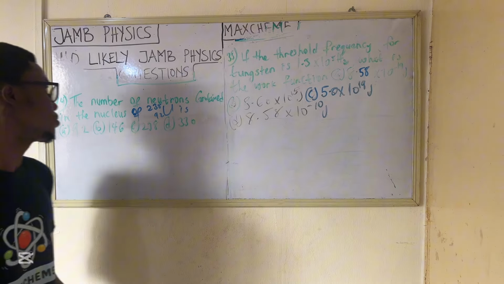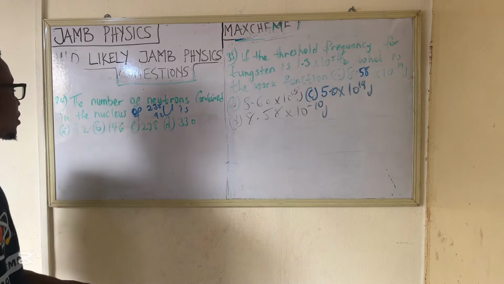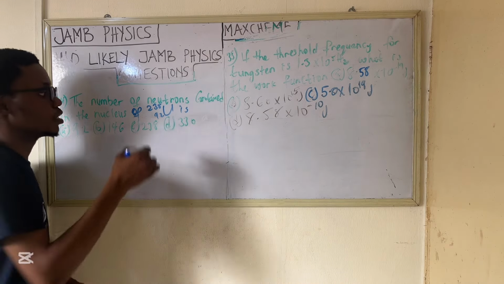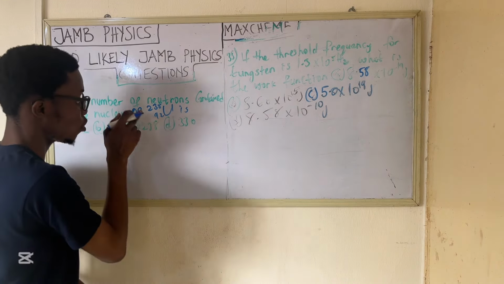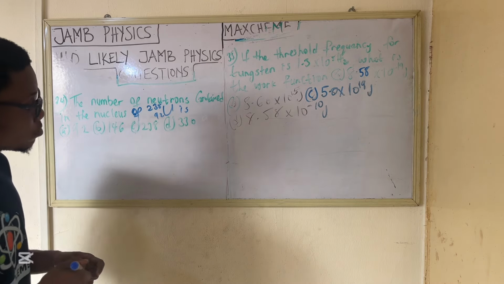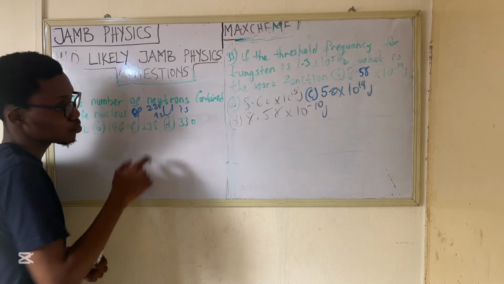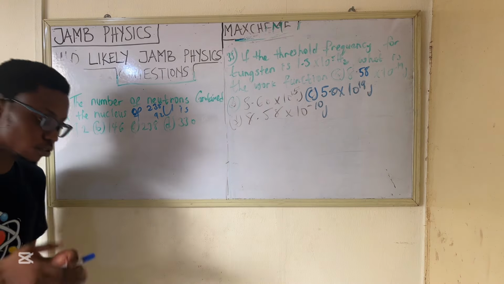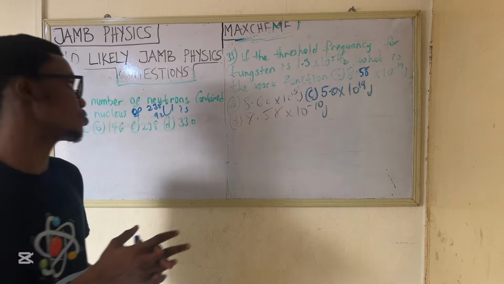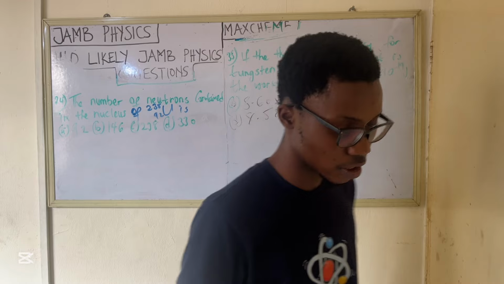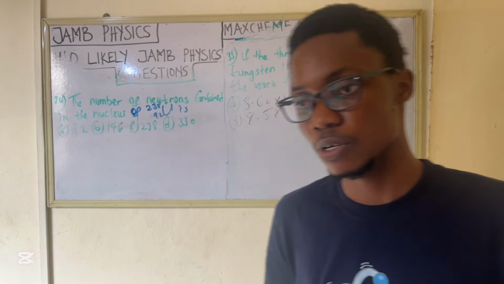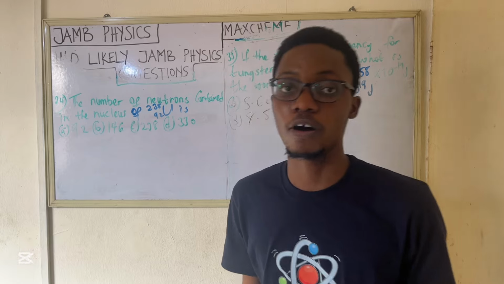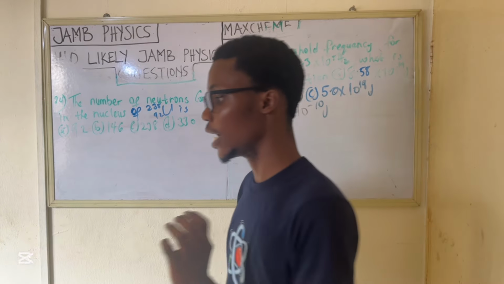On question 34, the number of neutrons contained in the nucleus of uranium. Now, this 234 that is up here is the mass number, while the 92 is the atomic number. Now, let's go back to our foundation. Mass number is the sum of our proton and neutron, while the atomic number is the number of protons in an element.